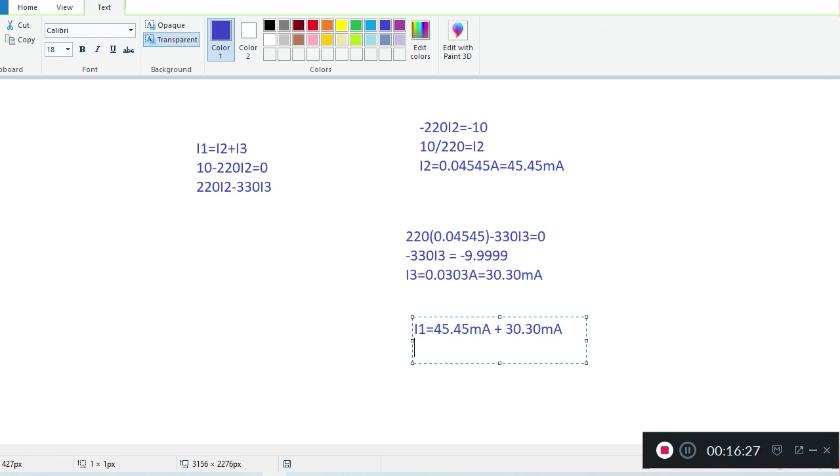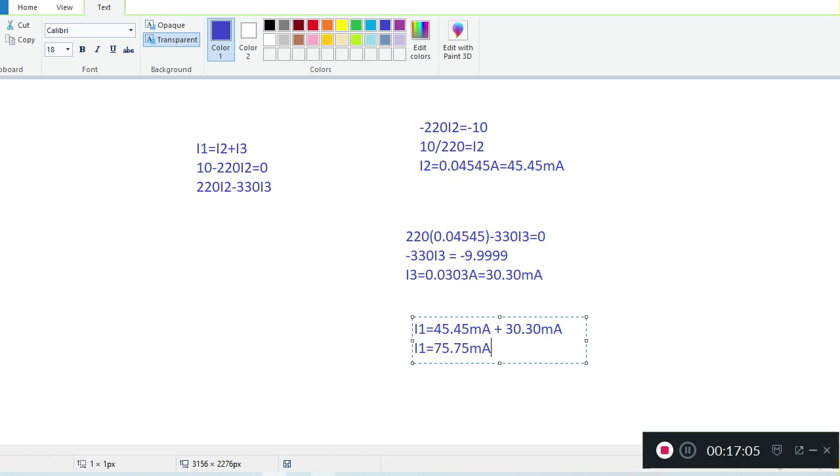That means that I1, let me make the I capital, I1 is equal to 75.75. So these are the values that we get from our theoretical calculation using Kirchhoff's voltage and current laws. We get I2 to be 45.45 milliamps. We get I3 to be 30.30 milliamps. And we get I1 to be 75.75 milliamps.